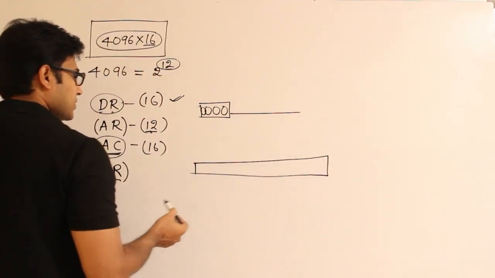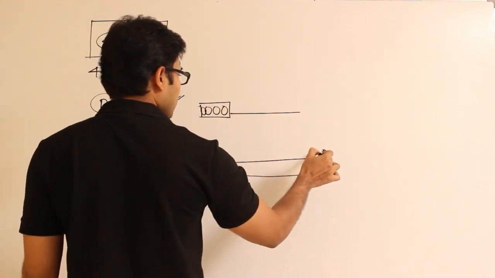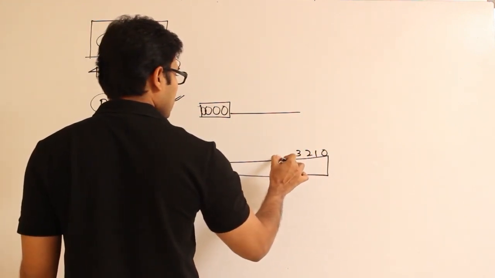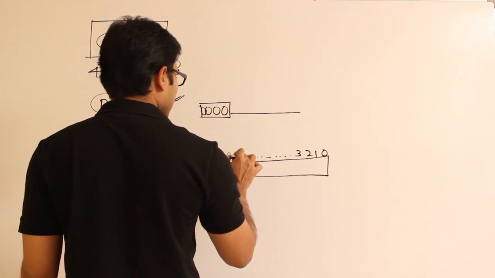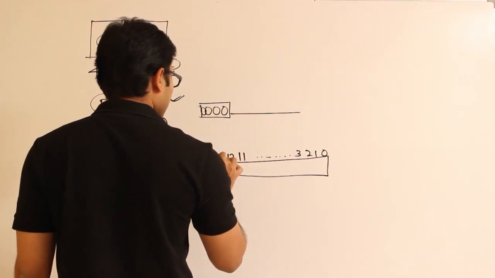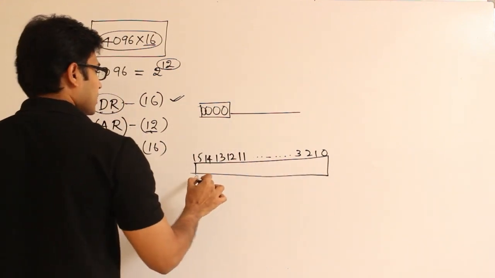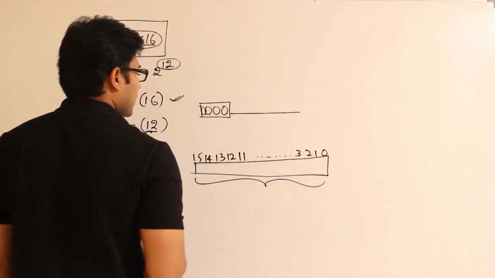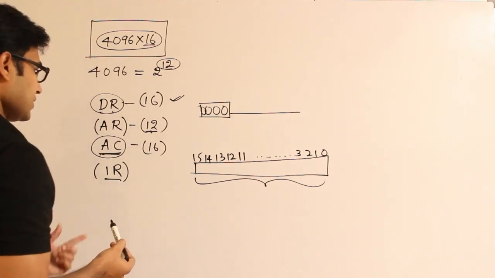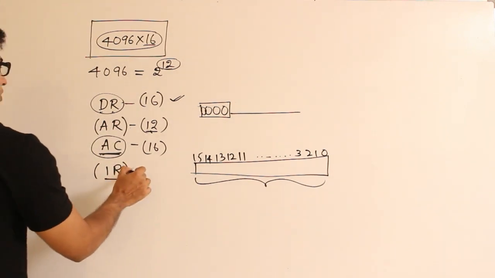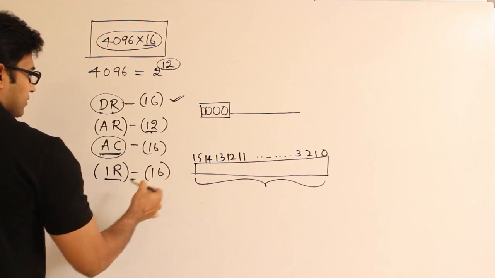Assume that we are using instructions of size 16 bits, 0, 1, 2, 3, and so on, 11, 12, 13, 14, 15, like this. Since the instruction is 16 bits, our instruction register also has to be 16 bits, right?